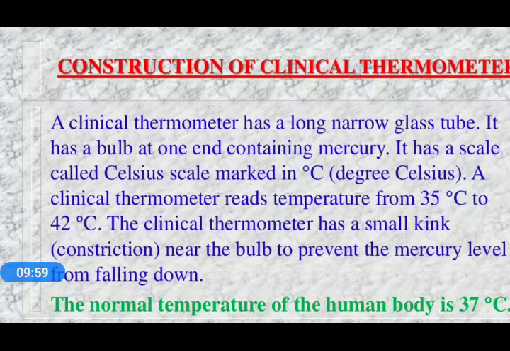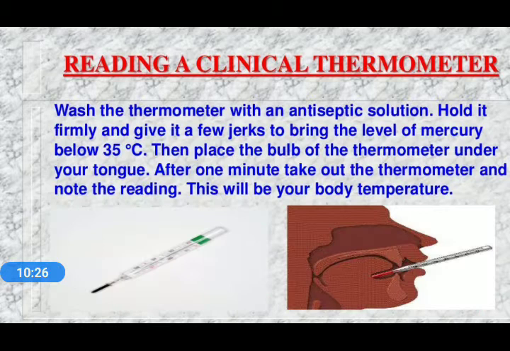So whenever we manufacture a clinical thermometer, the initial reading of the measuring scale is 35 degrees Celsius. And what is the maximum? It is about 42 degrees Celsius. That's why the range of a clinical thermometer is from 35 degrees Celsius to 42 degrees Celsius.